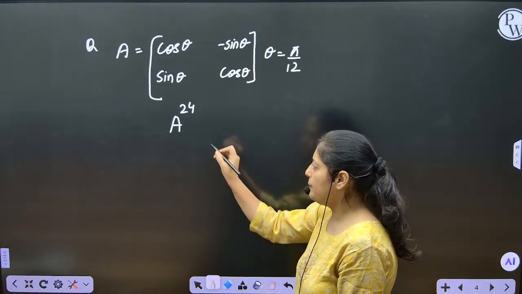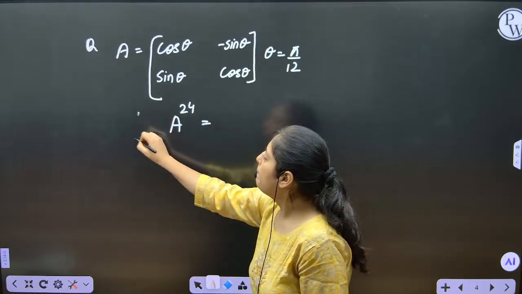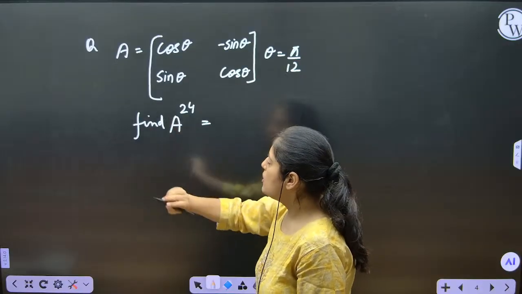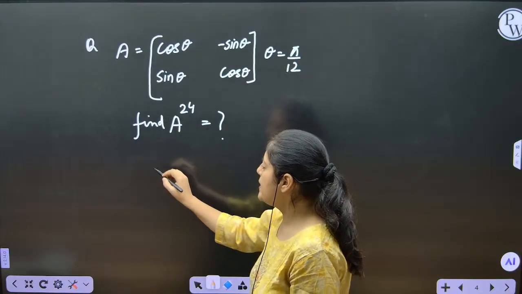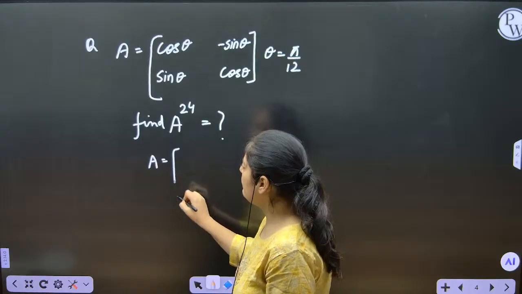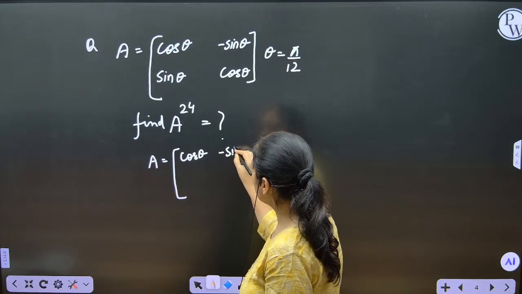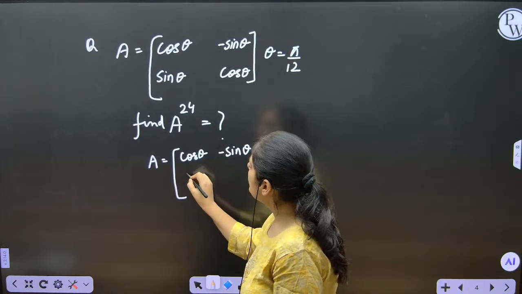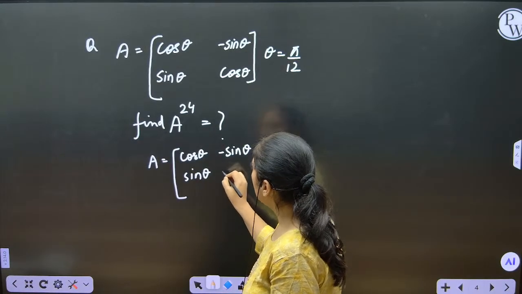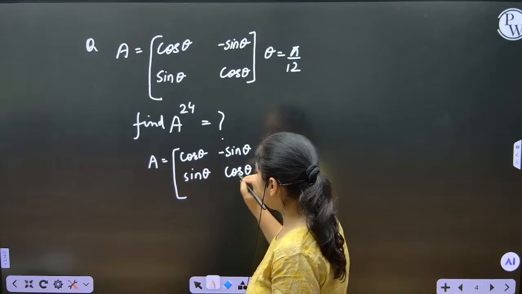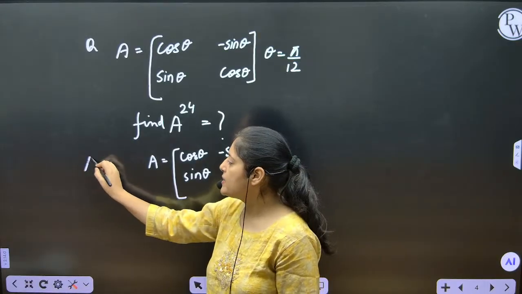I'll tell you what I'm saying. The matrix A is already given to us, cos theta minus sin theta, sin theta cos theta. So I am going to find A square.